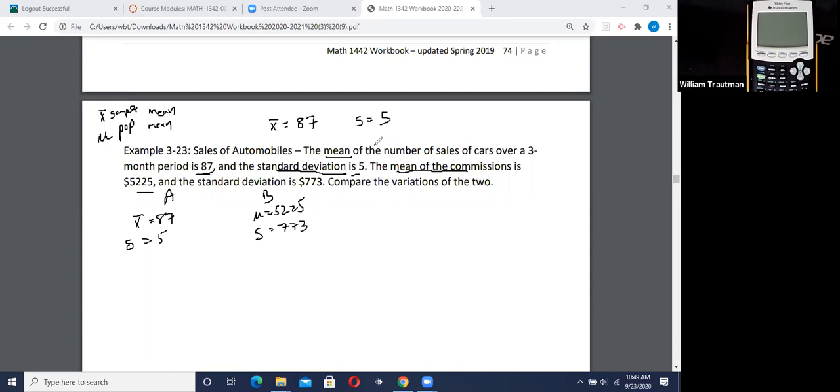So the mean number of car sales, and then it says the mean commission. So this is car sales, and this is commission.